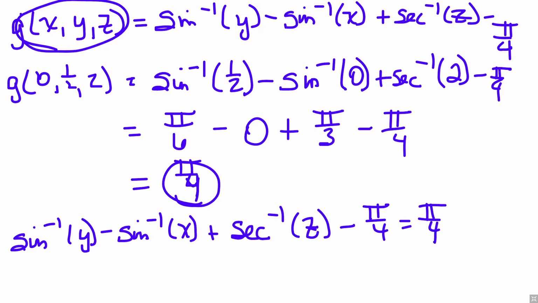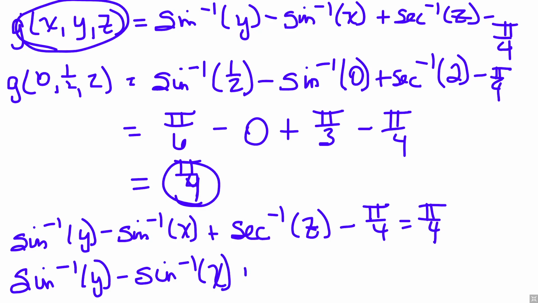Or basically, if we clean it up, we have that the sine inverse of y minus the sine inverse of x plus the secant inverse of z is equal to what? Pi over 2. Yes, is equal to pi over 2.